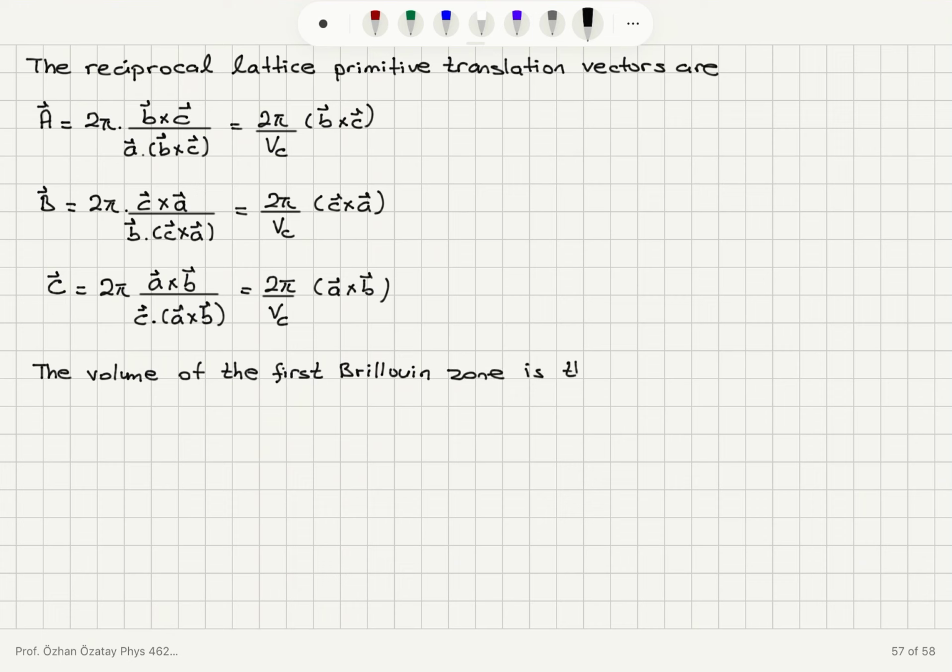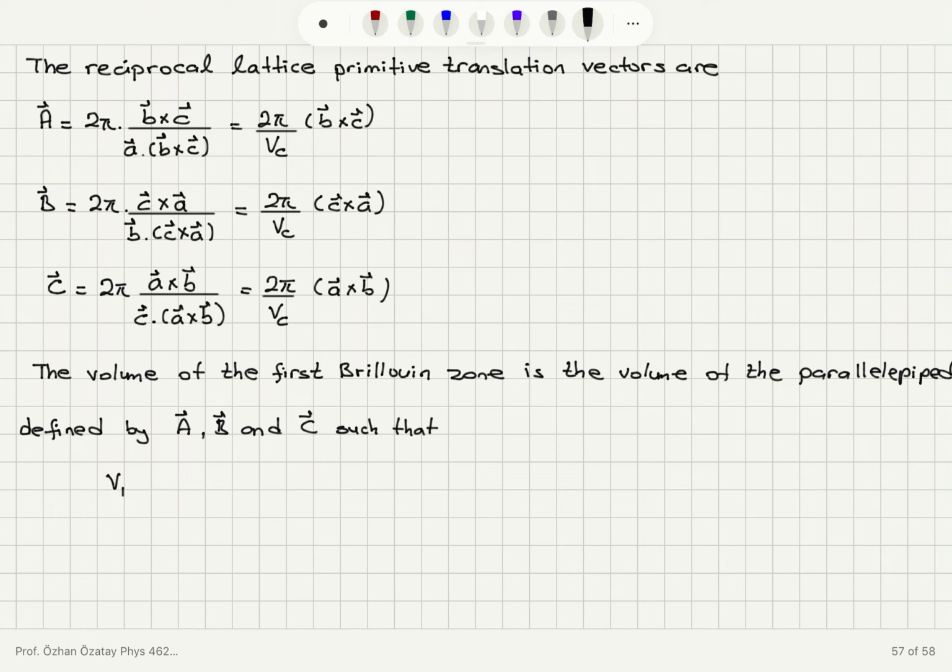This is basically, again, the volume of the parallelepiped which is defined by the new primitive vectors in the reciprocal space: capital A, capital B, and capital C. And how do I calculate this volume?